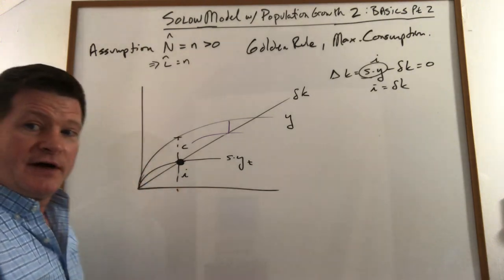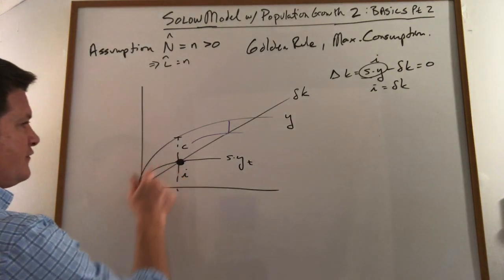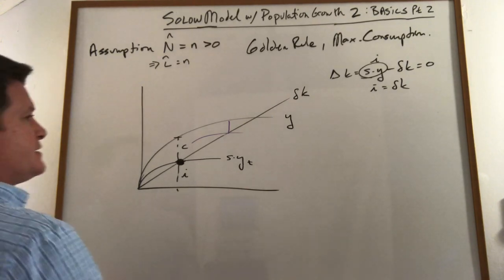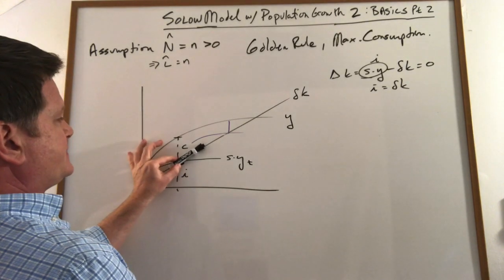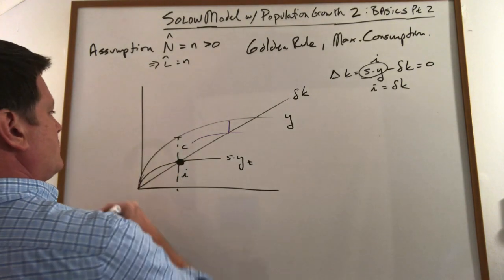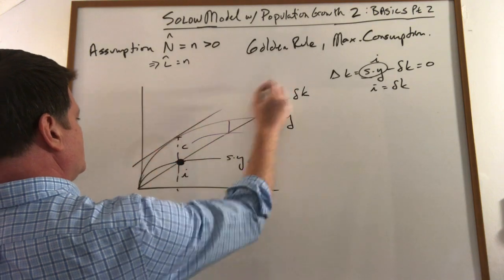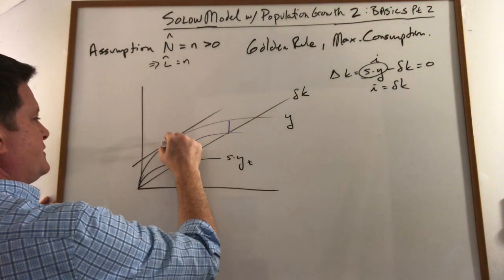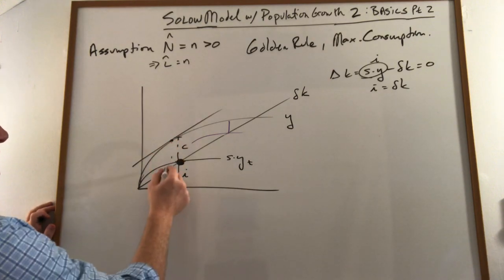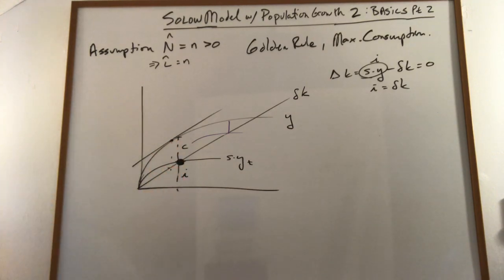So how do you find that line, and how do you find that point? The easiest way is just to look for where this line is parallel to this line. We drew it something like here, so technically I drew it a little off. I should have drawn it right there to get the maximum consumption. So let me do that.